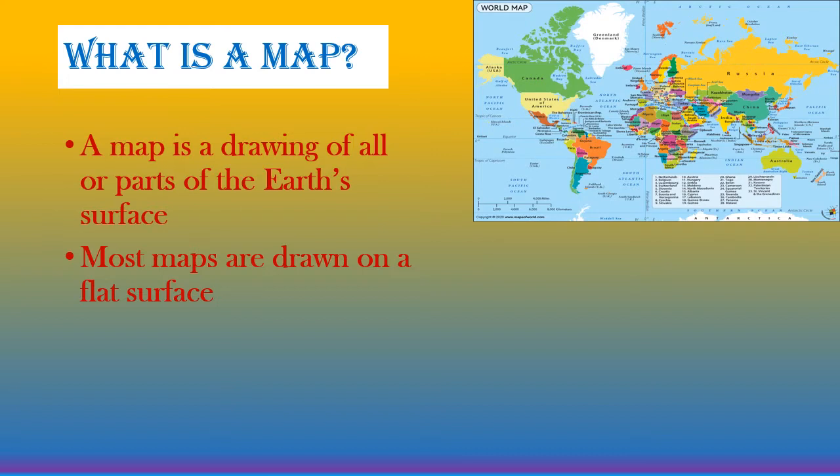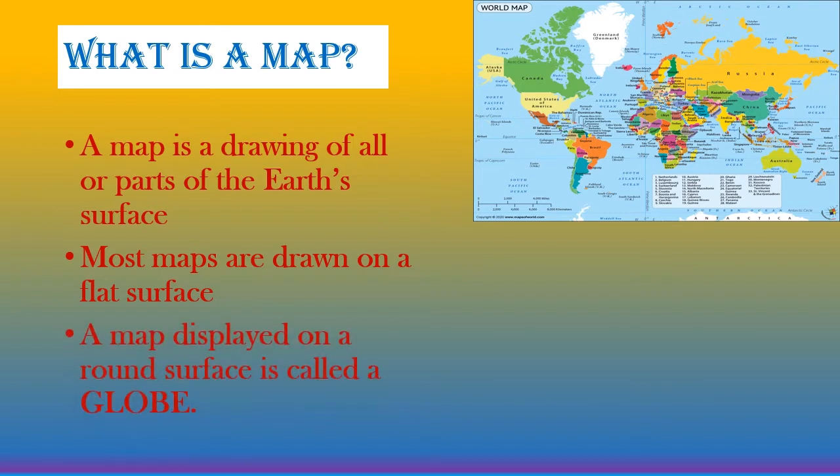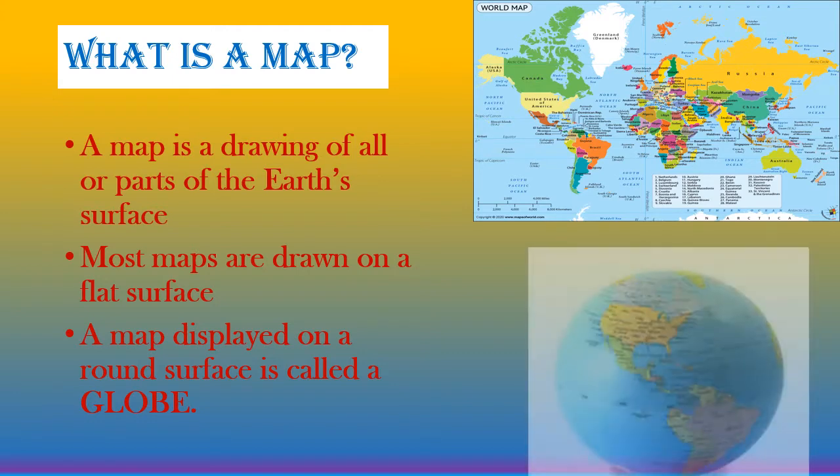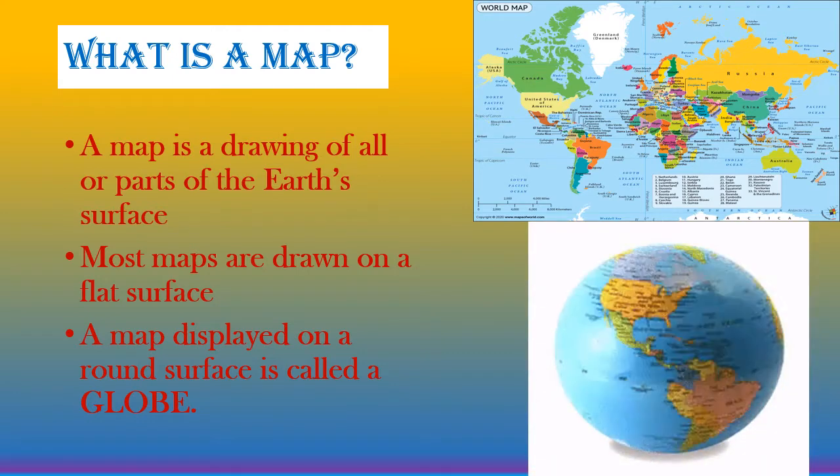It is drawn on a flat page. A map displayed on a round surface is called a globe, as you can see in the second picture.